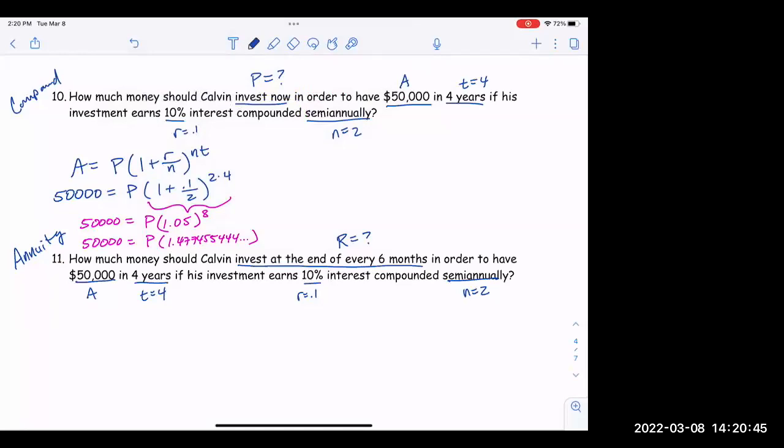So I would expect it's probably some number of thousands. In this case, I'm getting $33,841.97. That's how much money I would need to invest now in order to have 50,000 in 4 years.